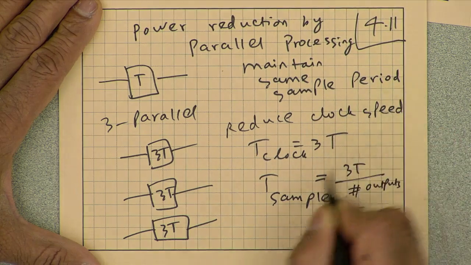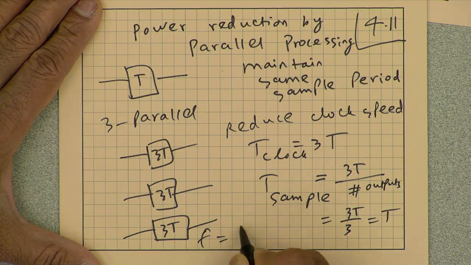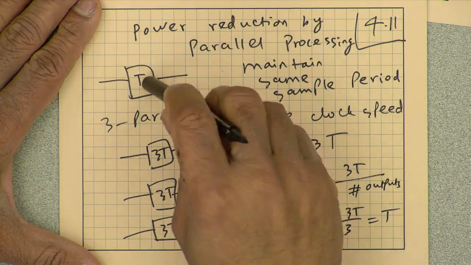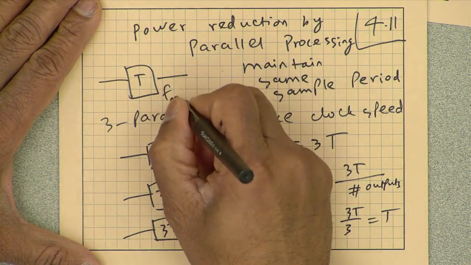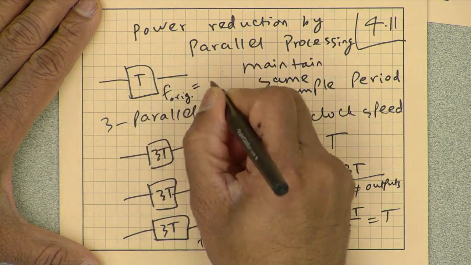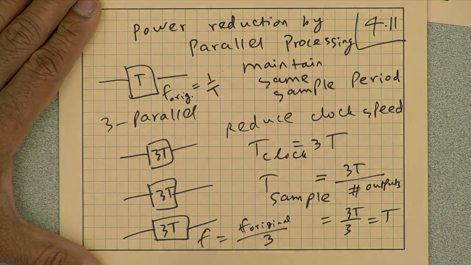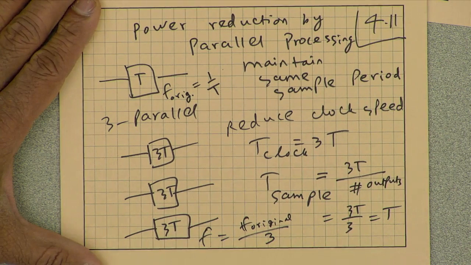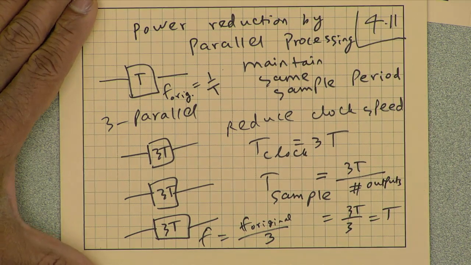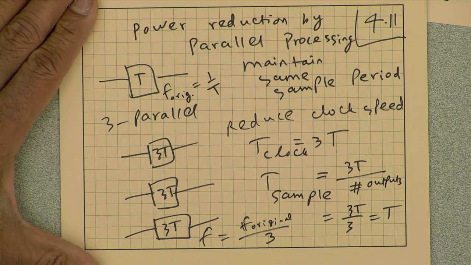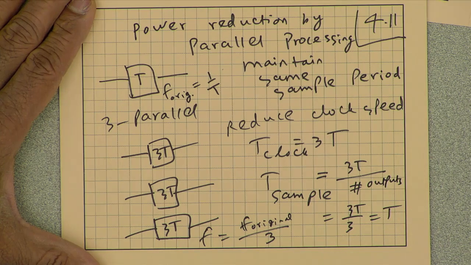And if you see here, the clock speed f here is f original by 3. So if the original f is 1 by T, to maintain the same sample speed we are increasing the clock period, or reducing the clock frequency.